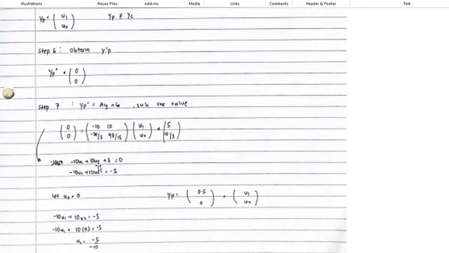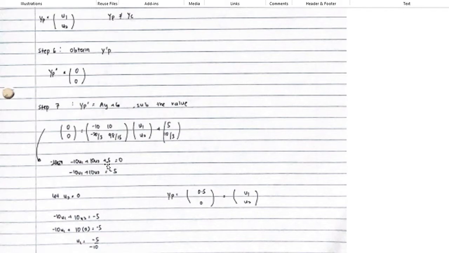So for this part, negative 10 u1 plus 10 u2 equal to negative 5. Negative 5 we get from here, plus 5 equal to 0.